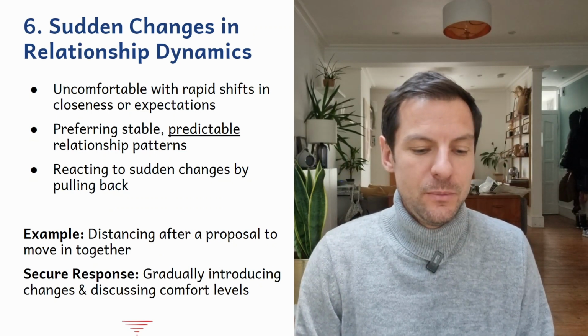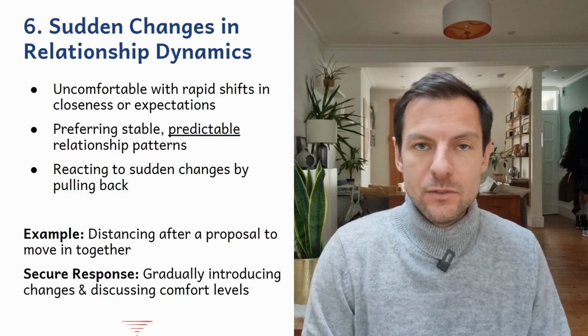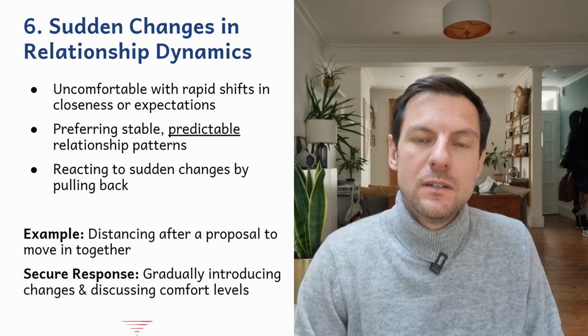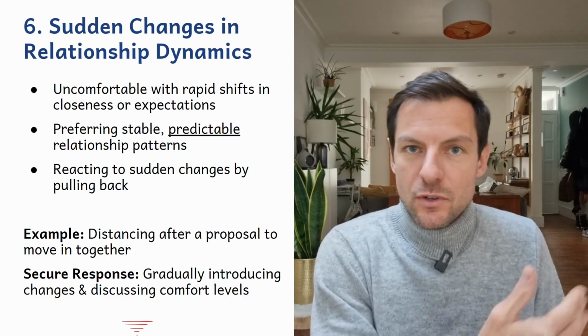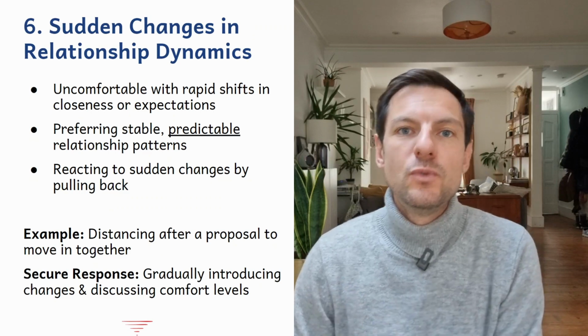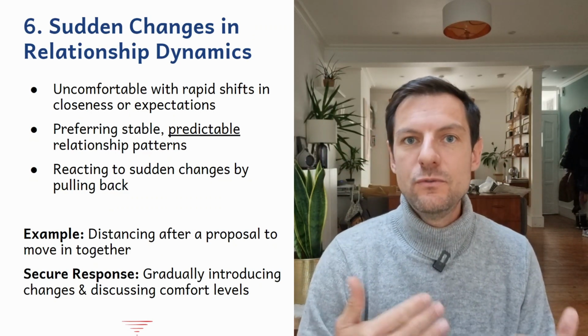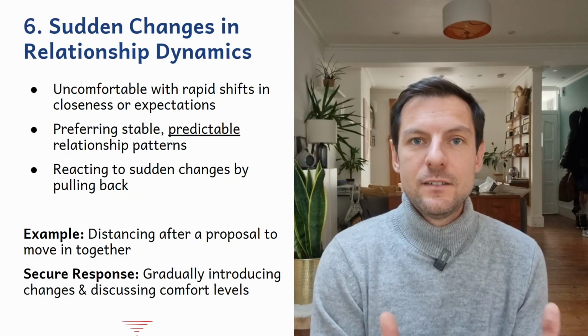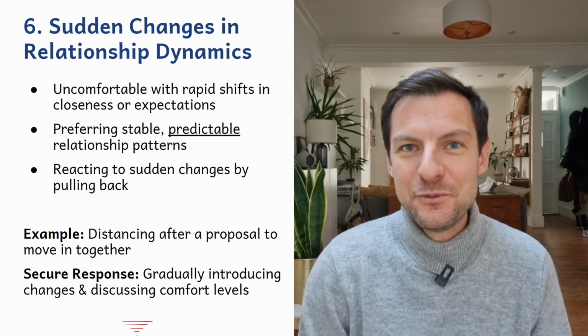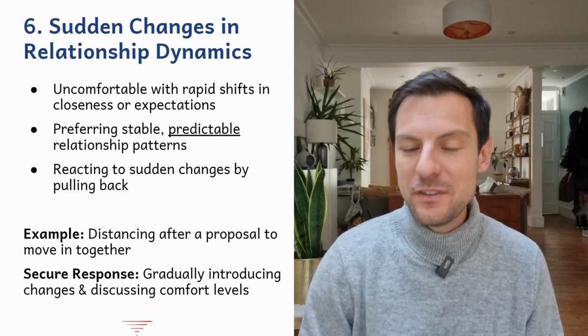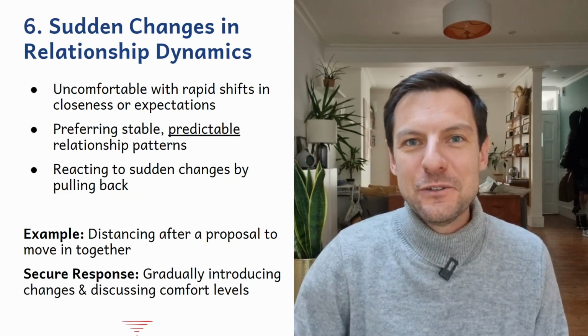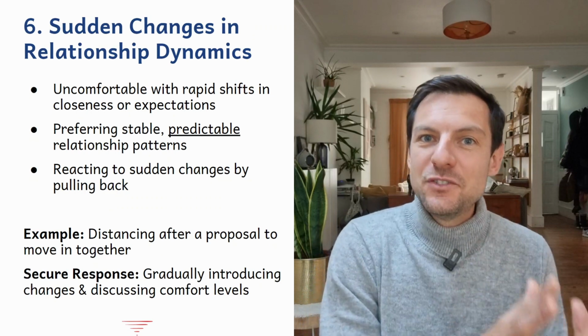And so, for instance, a typical case is an avoidant will distance themselves when there's a proposal or something around let's move in together. Very often they feel like, oh, hold on, it's going too quickly for me, too fast. Then the too fast, the baseline, we'll have to discuss. It really depends on cases. If you've been with someone for 10 years and he or she doesn't want to move in together, that's not healthy.